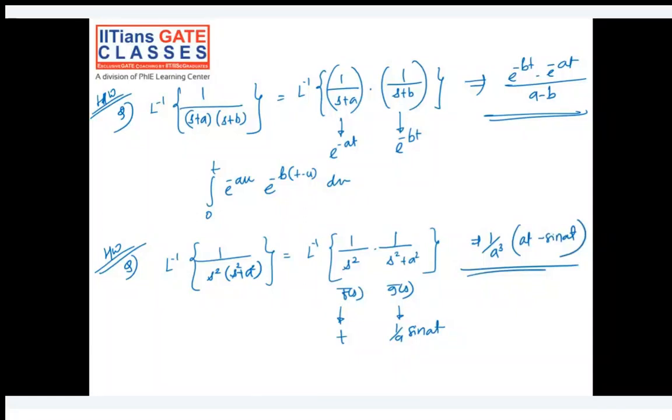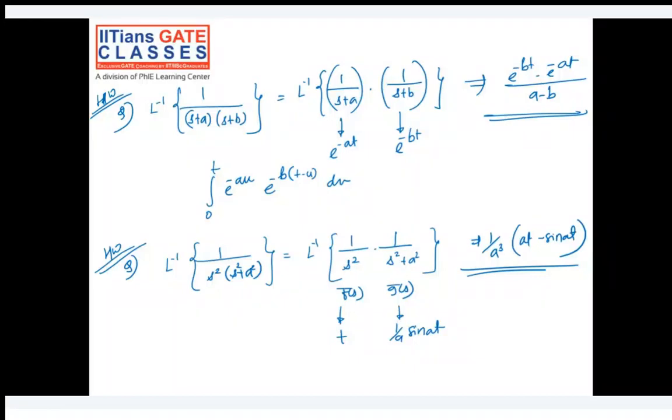So these questions I expect you to solve on your own by the method which we have already studied in the last two questions. Okay, so whenever two functions which are Laplace transforms are in multiplication, and we are supposed to take the inverse Laplace of it, then we should use the convolution theorem to solve it.